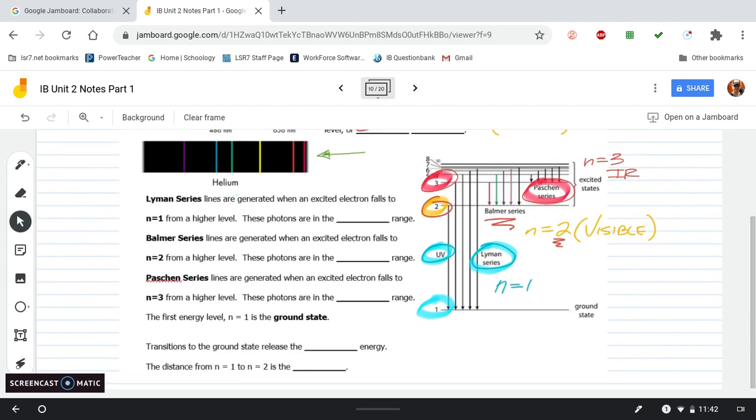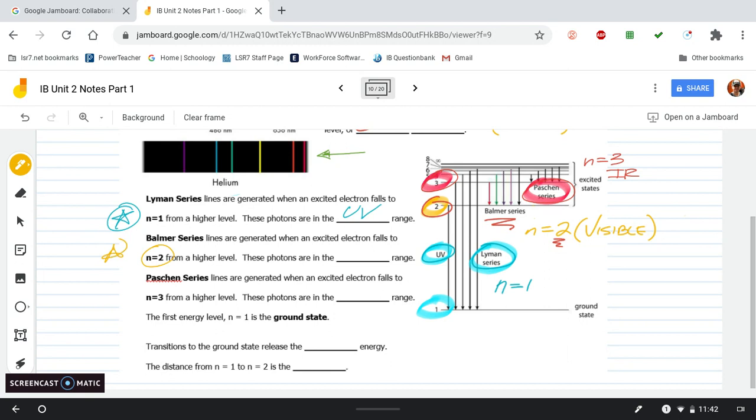So if we go over the notes, it says the Lyman series, that's the first one we talked about, is generated when an excited electron falls to, and this is really important, you should put a star by this, n equals 1. You have to memorize that. And these are going to be in the ultraviolet range, the UV range. And then the Balmer series, you got to memorize this as well. We're going to drop into n equals 2.